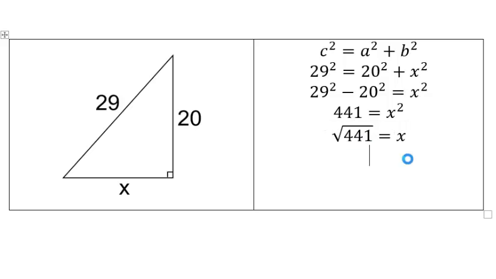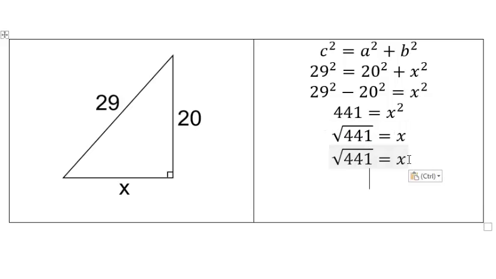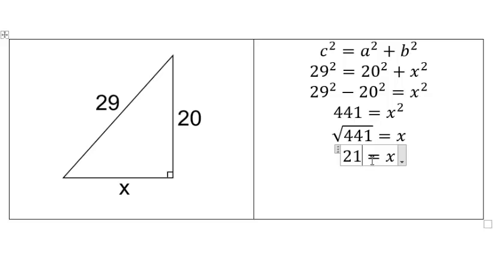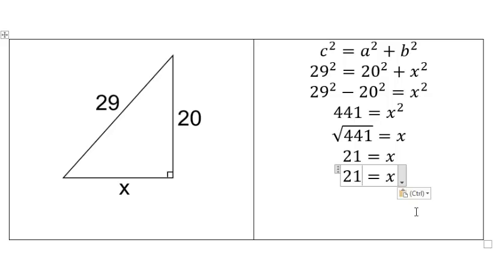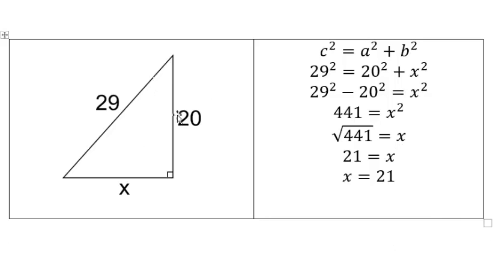Square root of 441 will give me 21. So the answer will be that 21 is x. I'm going to write this thing in the opposite order, okay, to explain that x is 21. And that will be the answer. Okay, that's how you solve this exercise.